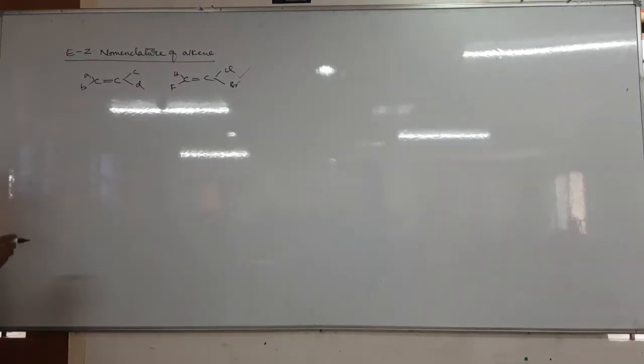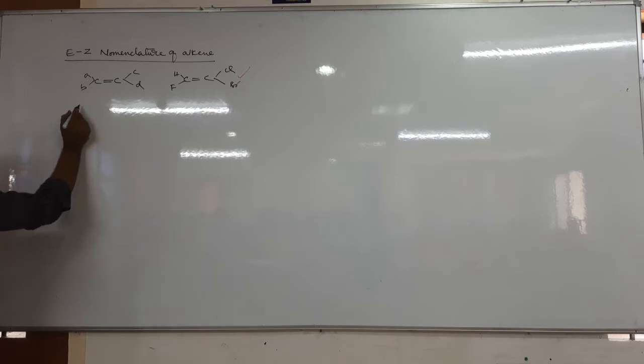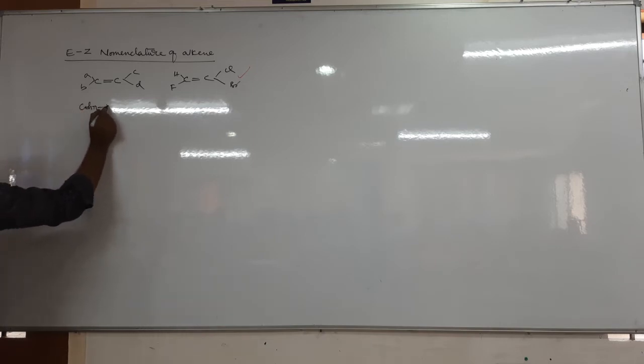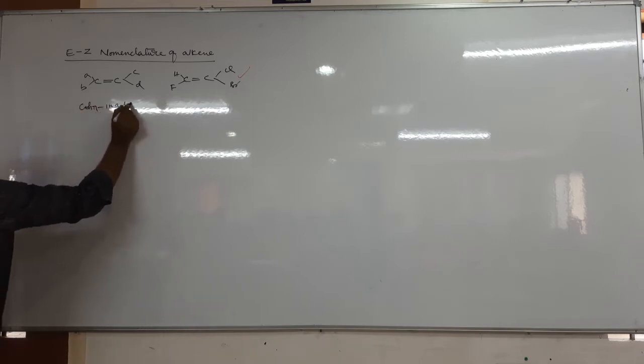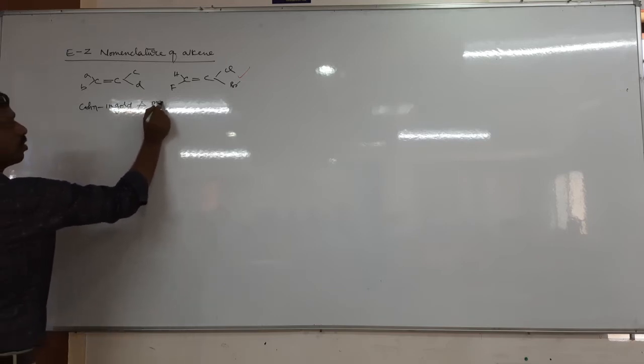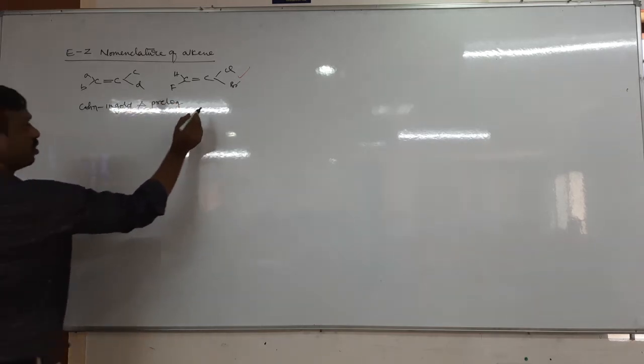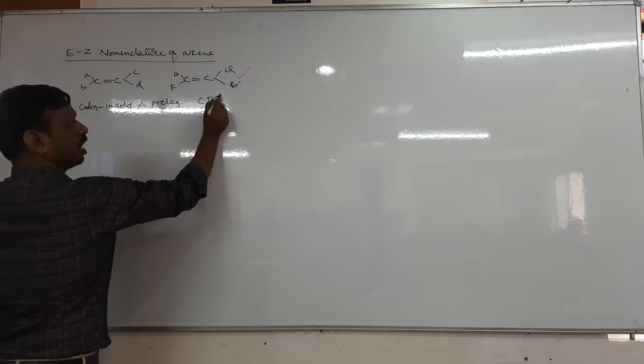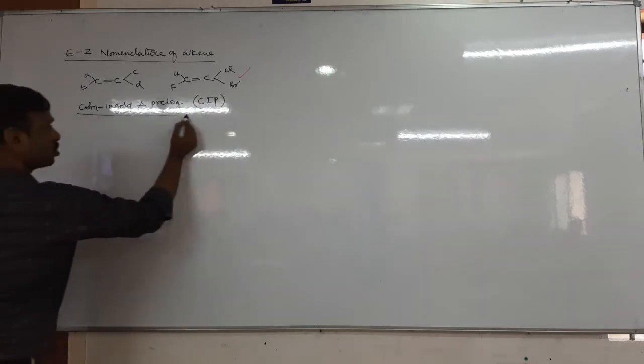This EZ nomenclature was developed by Cahn, Ingold and Prelog, which is called CIP, and they have given the CIP rules.